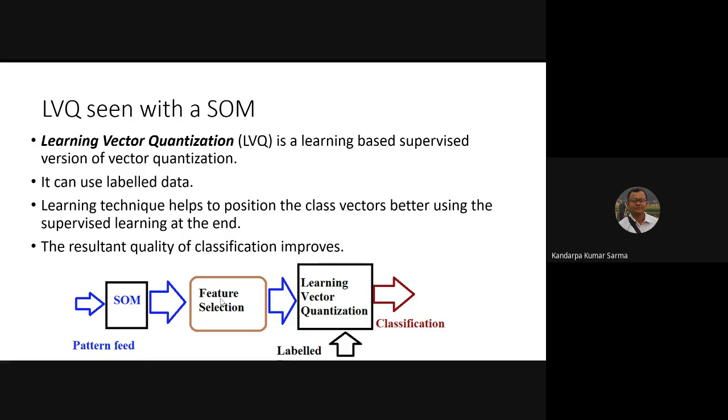Once the features are generated, they are passed on to a learning vector quantization process. That learning vector quantization stage has a feed from the label data, and from that you can generate the classification decision. This is the workflow through which learning vector quantization is linked with SOM and how it works together with SOM.